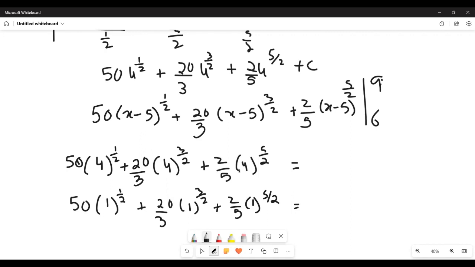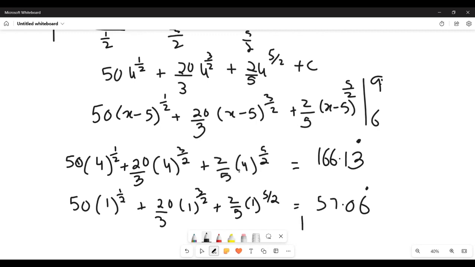I'm getting 166.13333. अच्छा नेक्स्ट 6 सब्सटीट्यूट करके मेरे पास आ रहा है 50 प्लस 20/3 प्लस 2/5, ये आ रहा है 57.066666.